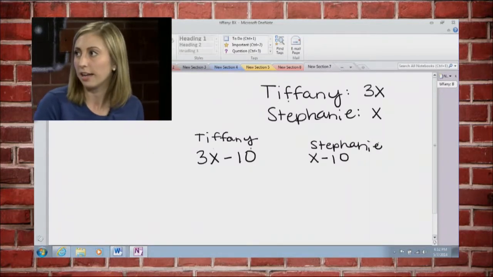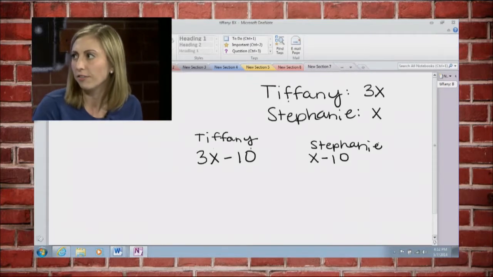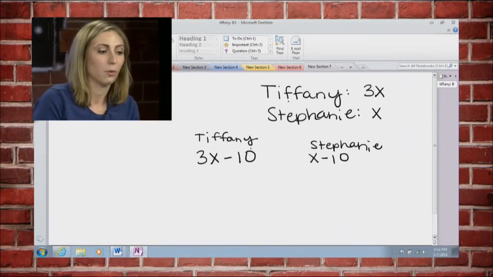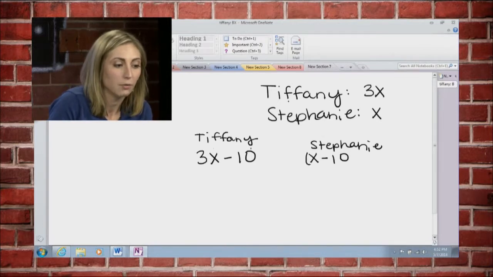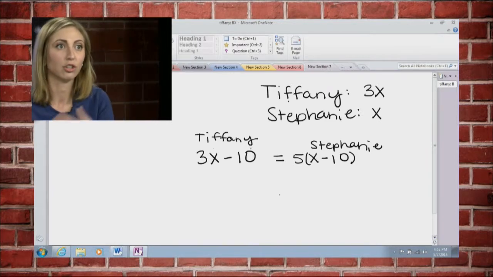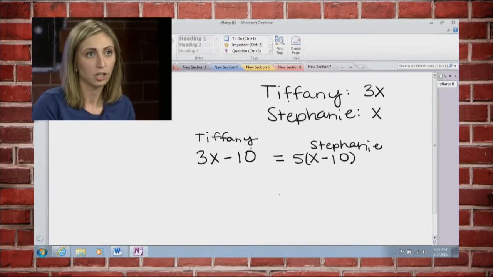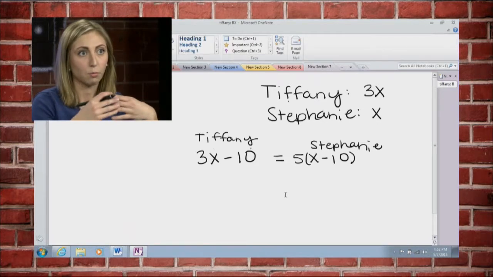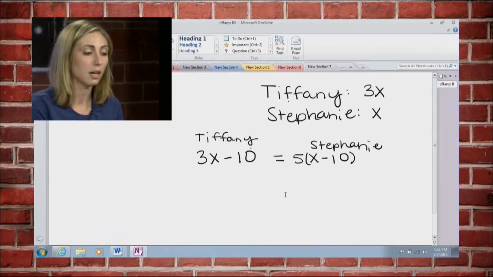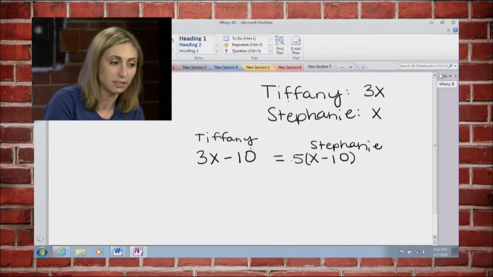Now, it said that Tiffany was 5 times as old as Stephanie. That means if we took Stephanie's age and multiplied it by 5, it should equal Tiffany's age. With this equation, we can solve for x, and then we can find Tiffany's age and Stephanie's age.